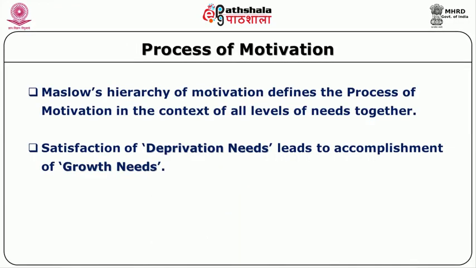These 5 levels of need define the process of motivation at each level. It means whichever level you talk about, basic need level, there is a process. The same process is repeated or followed in all levels, even at the pinnacle, that is self-actualization.